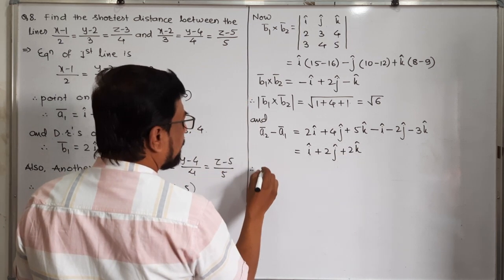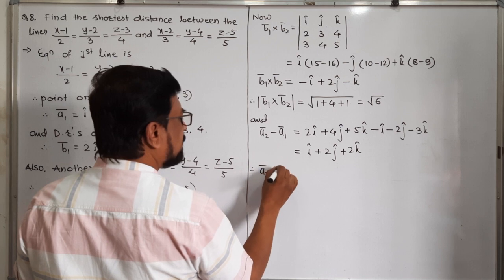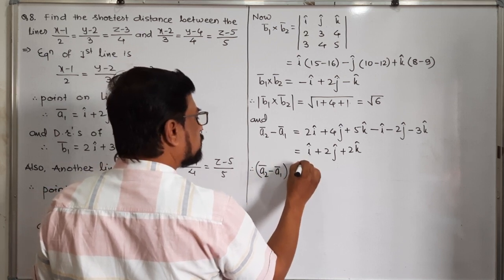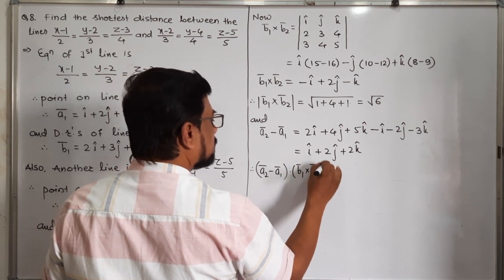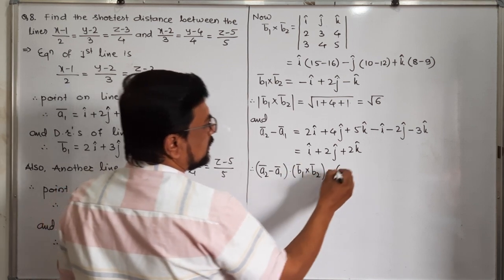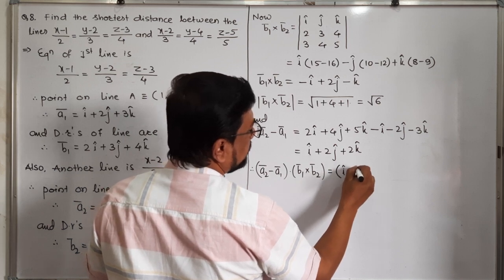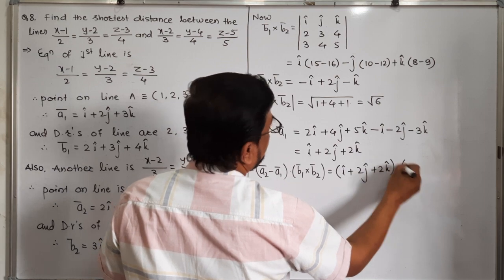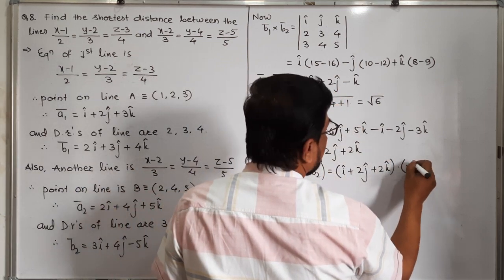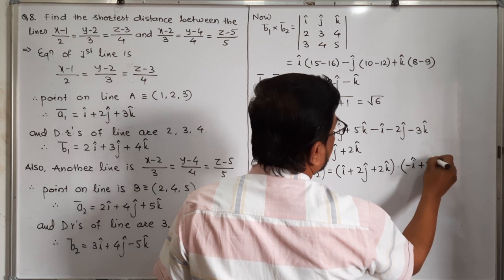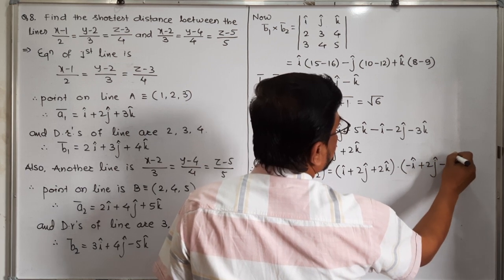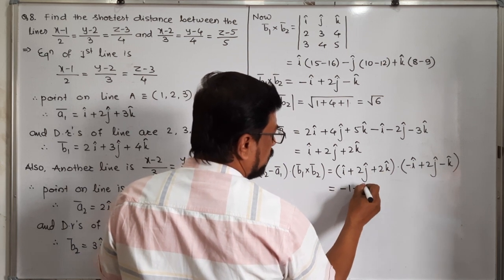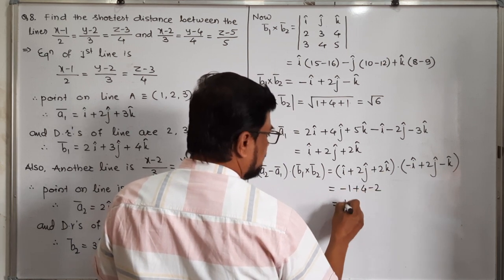Therefore a2 vector minus a1 vector dot b1 cross b2 is equal to, it is i plus 2j plus 2k dot b1 cross b2, which is minus i plus 2j minus k, that is equal to 1 into minus 1 is minus 1 plus 4 minus 2, that is equal to 1.